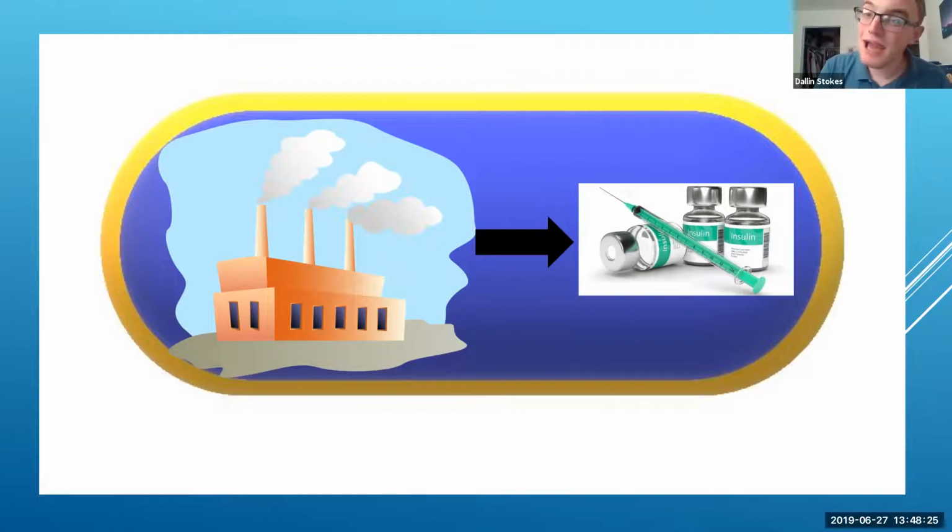So I can actually have bacteria manufacture insulin for me, and then I can make a big pot of these bacteria that are manufacturing insulin. And then I can siphon off the insulin off the top of the pot, and they'll make gallons of it for me every day. And then I can siphon that up, bottle it up, and sell it for way cheaper than I could have gotten it earlier.